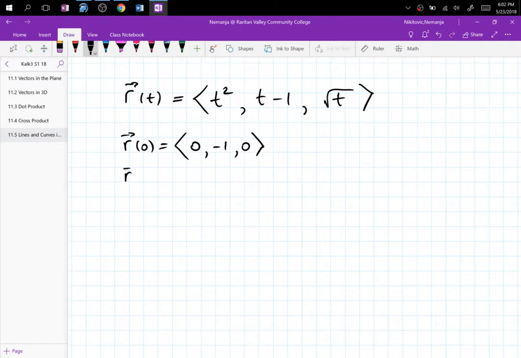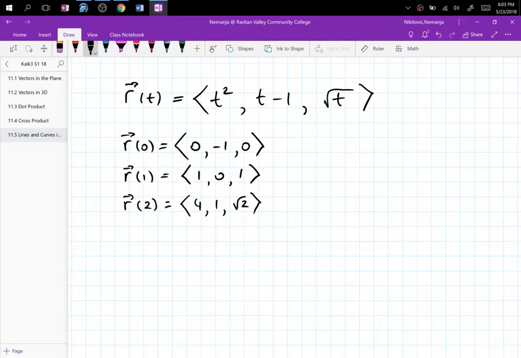If I'm calculating at time 1, it is (1, 0, 1). If I'm calculating at time 2, it should be 4 because of the square root, but all right, at 2 it is going to be 4, 1, and root 2. Not that great, right? Let's go with r at 4 because that's the easy one. r at 4 is going to be (16, 3, 2).